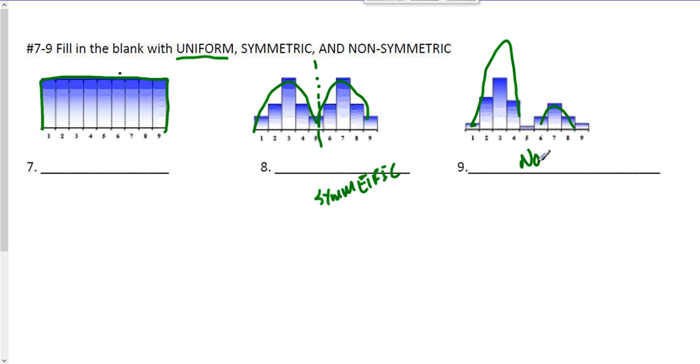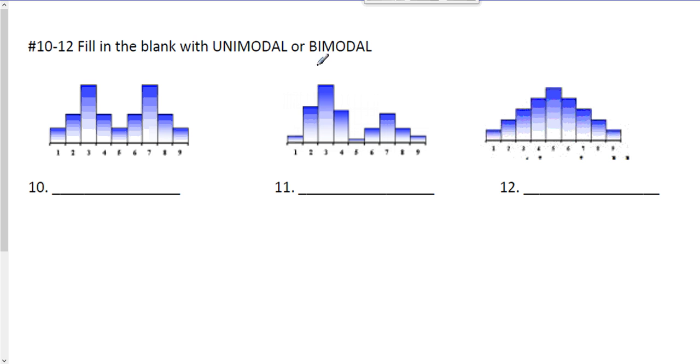That would be non-symmetrical. Cool. All right. Keep progressing. Same thing here. Hopefully you guys understand the difference between uni, meaning one mound, versus bimodal, meaning we have two different mounds of data. Bi, and uni.